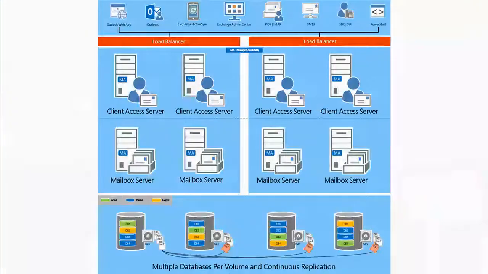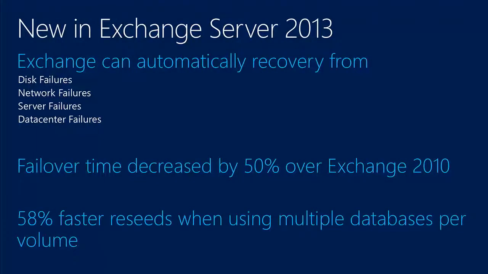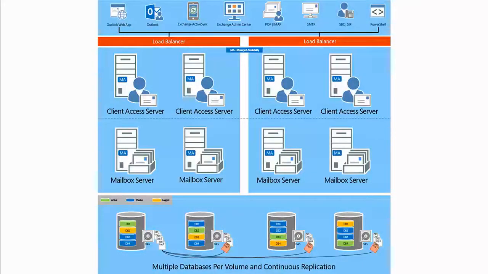That was actually the point of the bottom one, about 58% faster reseeds when using multiple databases per volume. But at the same time, you're leveraging the full capacity of these disks while still adhering to our maximum database size. So multiple databases per volume, it seems like it might be new and different, and it is, but it's also something that we have a lot of faith and investments in, and it is part of the preferred architecture.